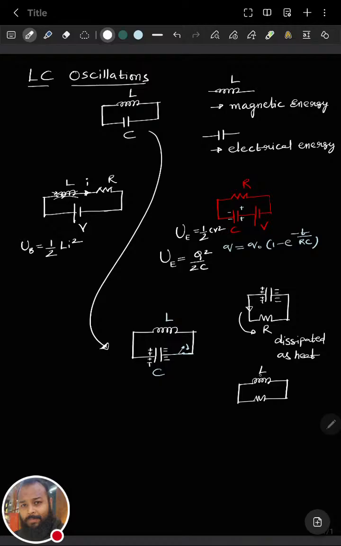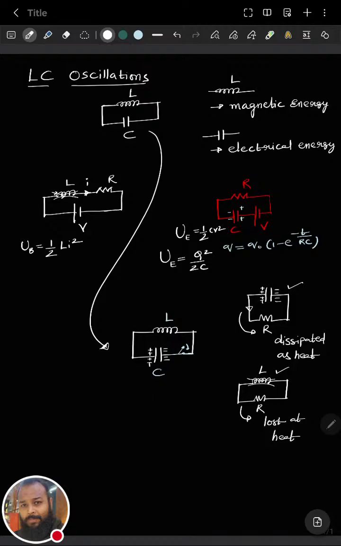Here the inductor is already storing some magnetic energy, but when you connect it to a resistor, it is lost as heat. Here also lost as heat. So when you have a resistor, it is obvious that heat is lost. So you take a fully charged capacitor and an inductor, connect both of them, then heat is lost.